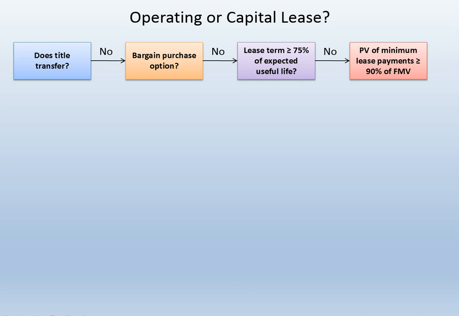Now, once again, there's a potential for some manipulation here of the terms of the contract. If we are negotiating a lease, and we can negotiate what the lease payments are, the fair market value we'll probably be able to establish with a reasonable degree of certainty, but we can negotiate or modify the lease payments such that we can achieve an outcome that we want, which would very often for the lessee be avoiding having to account for this as a capital lease, trying to keep it as an operating lease.